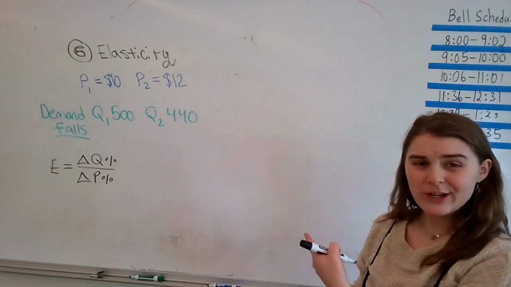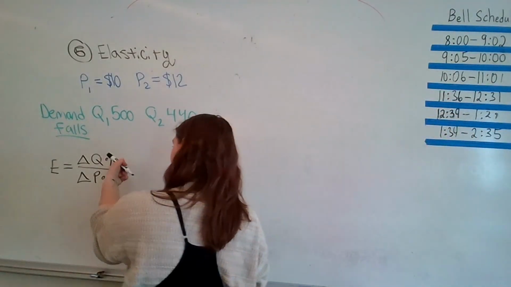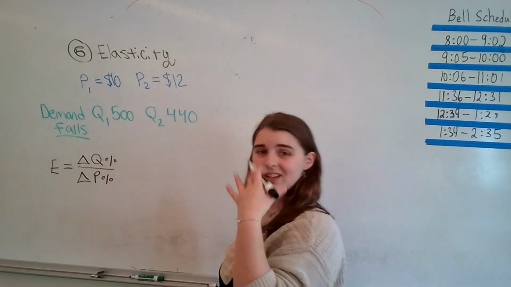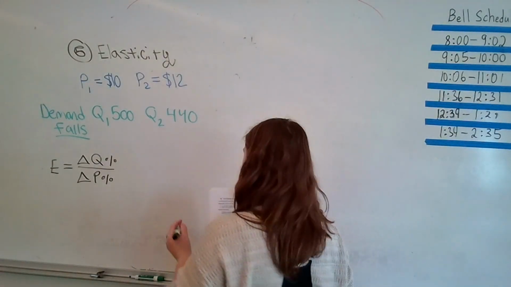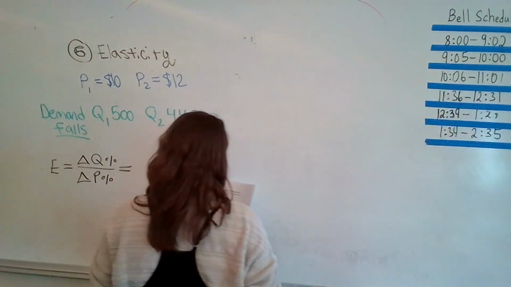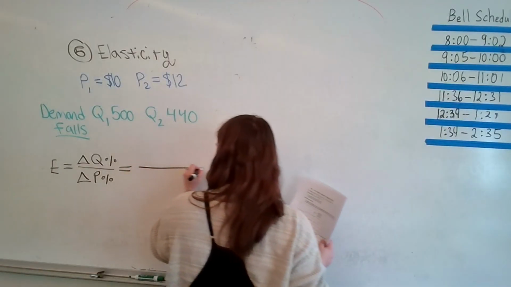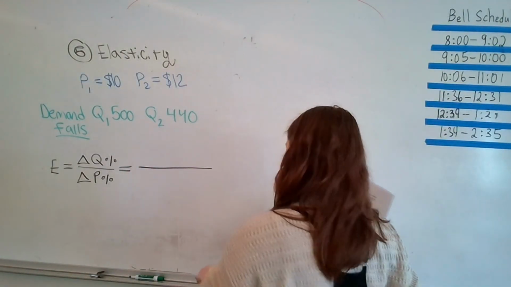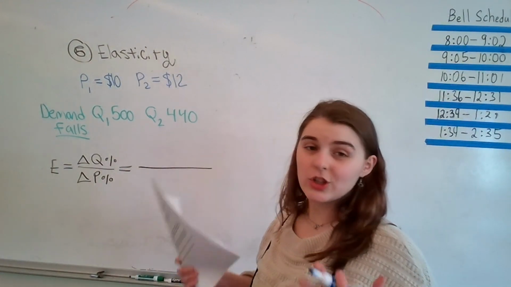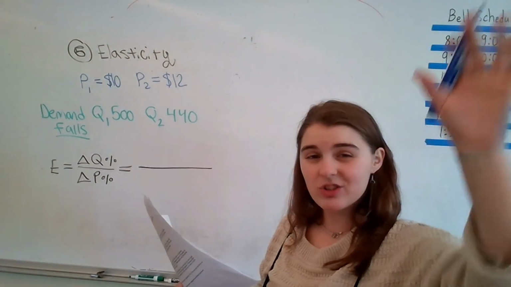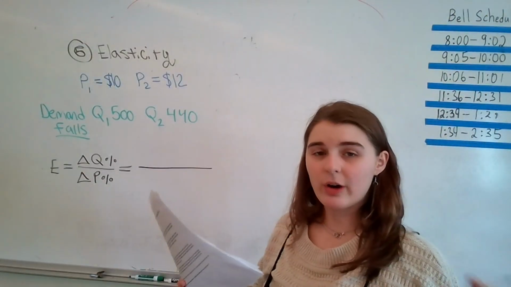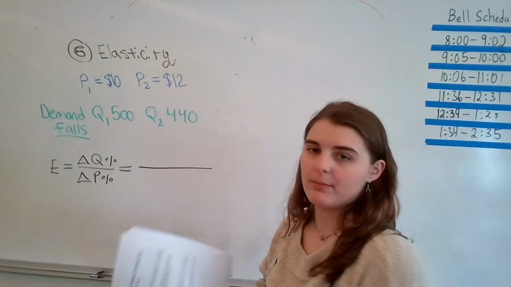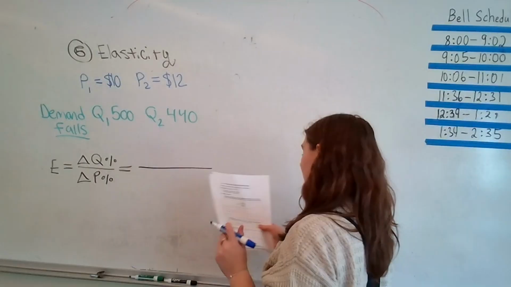Remember that little triangle means change. This is a percent symbol, so we're looking at this percent-wise. What this really ends up looking like is this super crazy formula, but if we break it down by parts, it starts to make a little more sense. Remember, we're really just looking at how each individual thing changed, price and quantity, and comparing them.